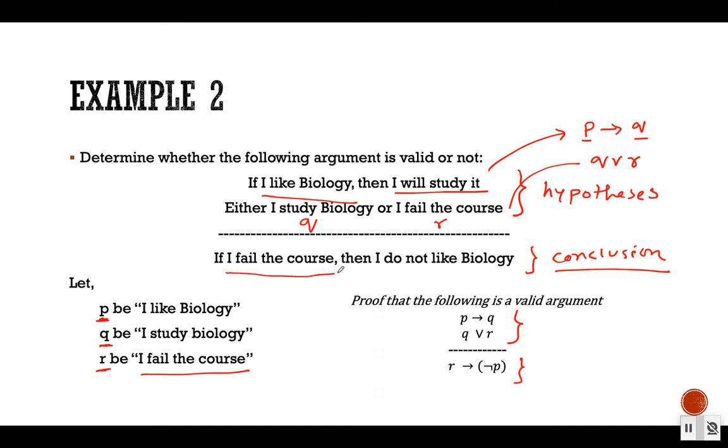If I fail the course, which is R, then I do not like biology, which is not P. That means R implies not P. Now let's try to find out whether this one is valid or not.